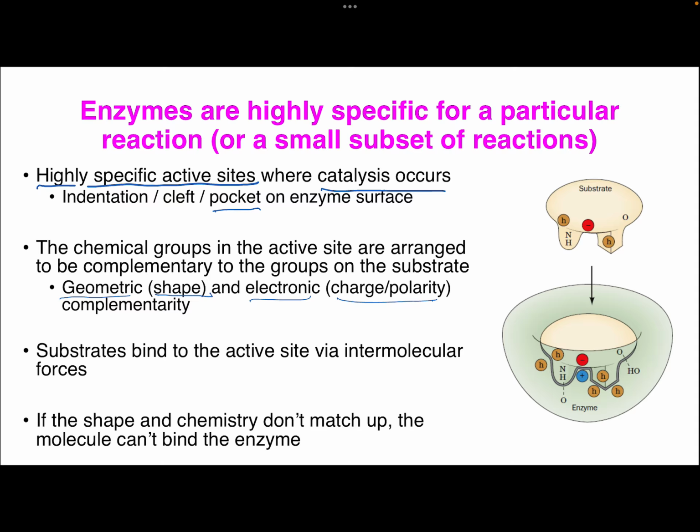And so substrates with a complementary shape and chemistry can bind to the active site. So substrates can bind if the shape and chemical groups are complementary to the active site.